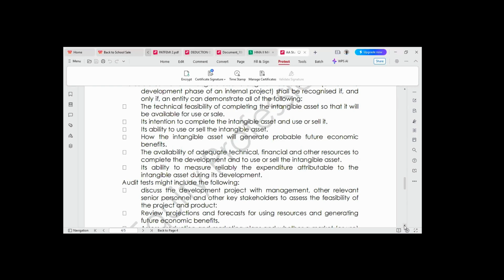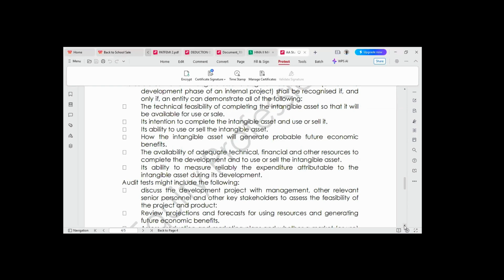Let's say they want to develop a product, and they started, and all of a sudden they discover that the cost of raw material to develop this product, when completed, will make it difficult for them to sell because the cost price is very high and it's going to affect the selling price as well.